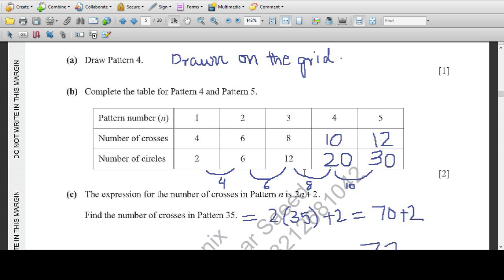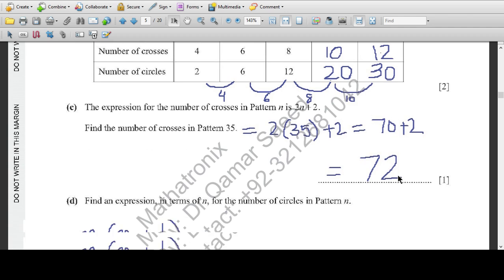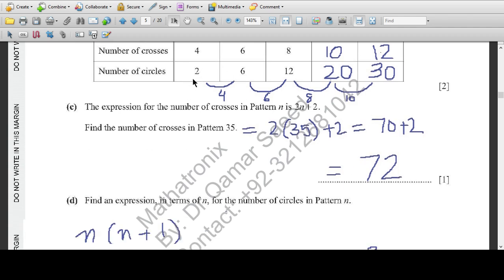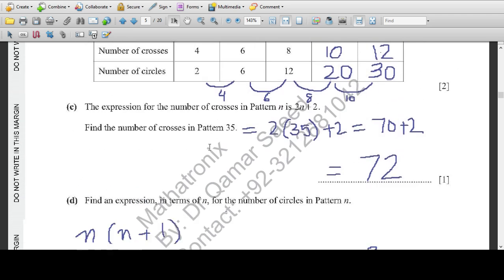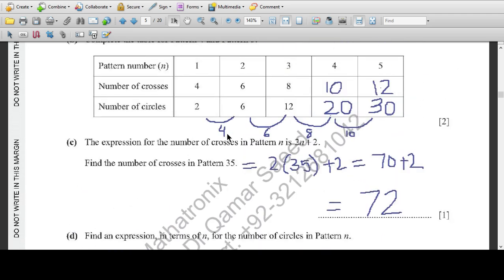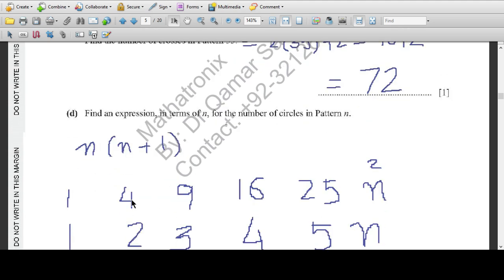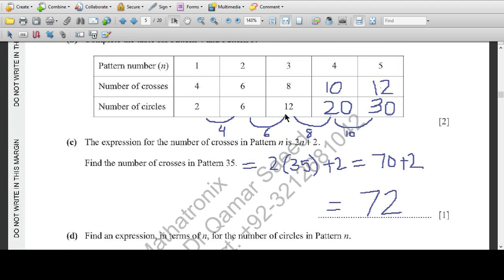In this way we will write down this circle pattern with an n square term. So we have 2, 6, 12, 20 and 30. In place of 2 we write 1, in place of 6 we write 4, in place of 12 we write 9, and then 16, 25.